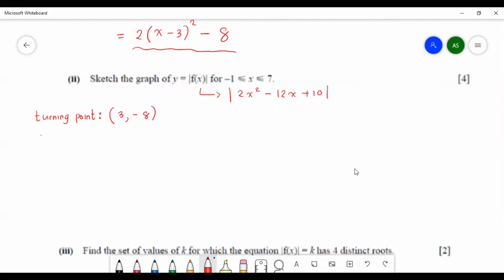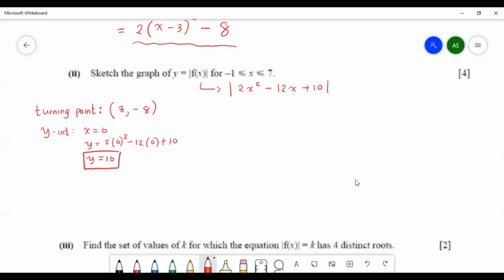And then the next thing is we find your y-intercept by letting x equal 0. So that will give us y equals 2 times 0 squared minus 12 times 0 plus 10. So in the end, it gives us y equals 10. So therefore, our y-intercept is 0, 10.